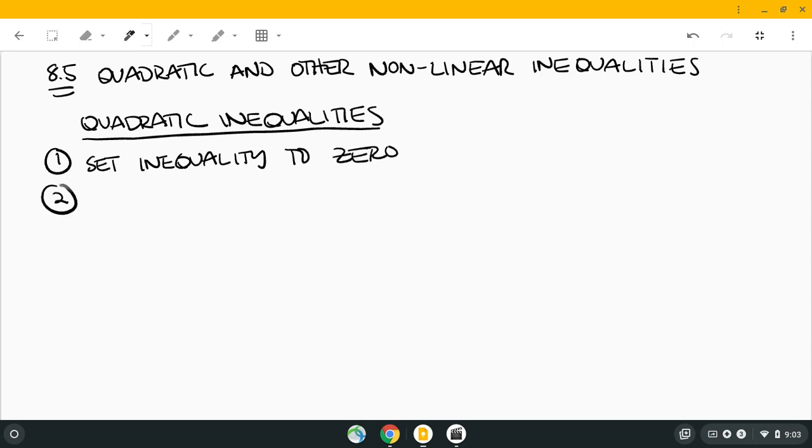The next thing, once it's set equal to 0, is to find the solutions to the equation. So even though it's an inequality, in step 2 you're going to pretend it's an equation and solve it.